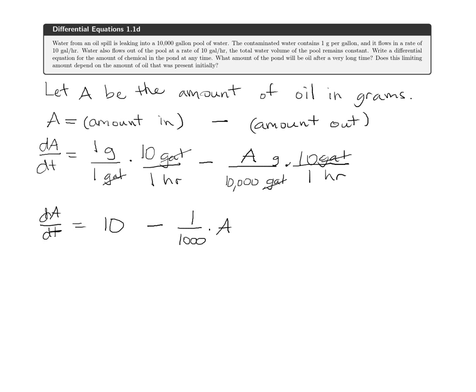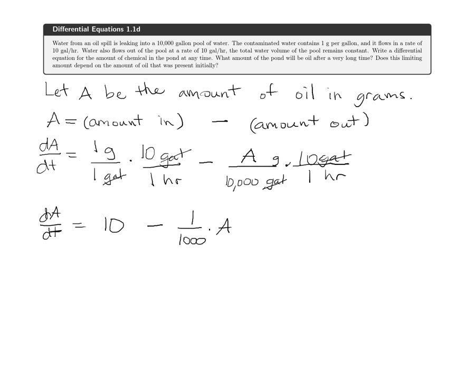To answer that, we look at our dA over dt expression here. If there's an equilibrium value, the slope would be 0. It wouldn't be changing anymore. So what would capital A have to be to give us 0 in our differential equation? And the answer there is 10,000. If A equals 10,000, you're going to get 10 minus 10.